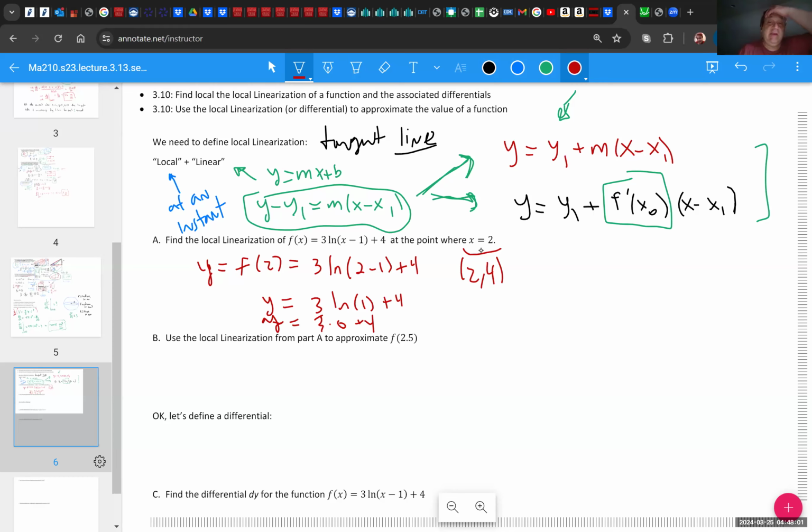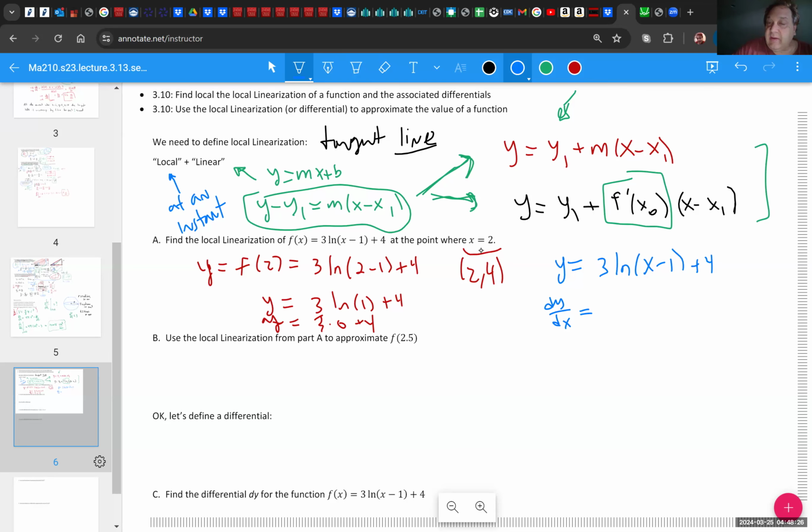So that's half of what we need to find an equation of a tangent line: a point, (2, 4). The other thing we need is a slope, right? So how do we find the slope? Well, that's just the derivative. I'm going to write the equation in y equals form just because I like that better than the f(x) notation. So here's my y equation, and then I'll just differentiate it and find the slope of the tangent line.